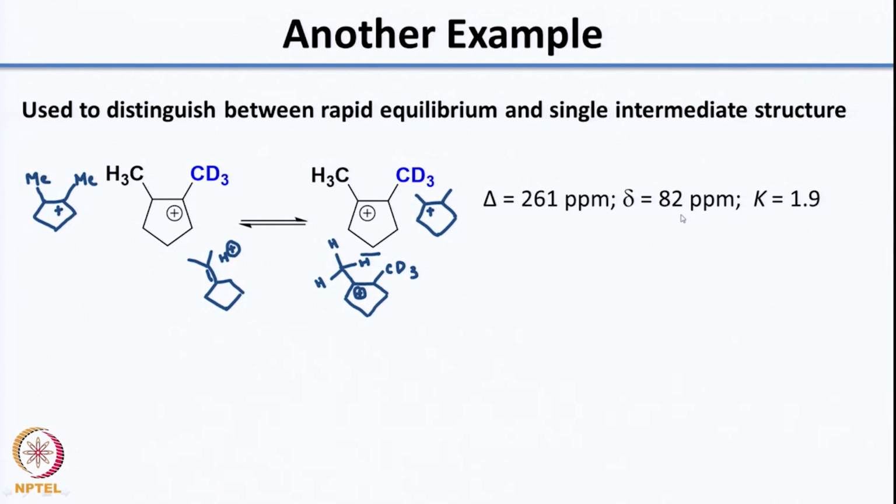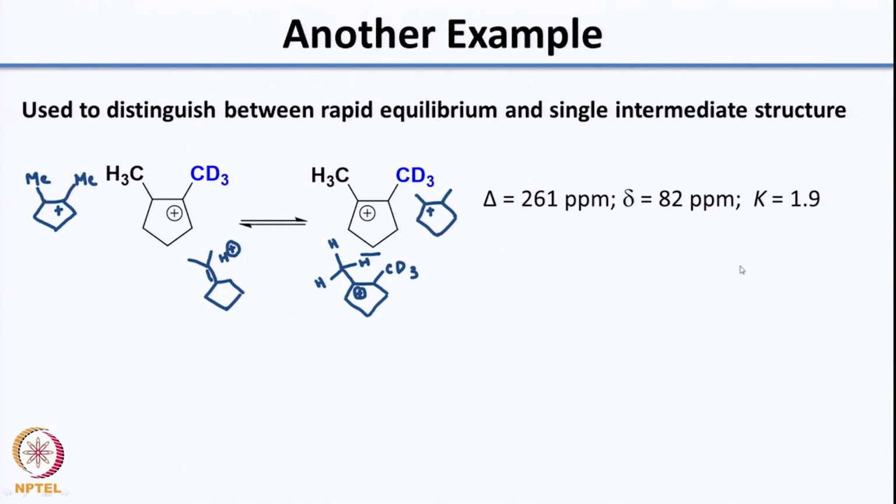Remember, in the earlier case it was 0.185, because the big delta value was also very small, 9.03. But in this case the big delta value is very high, so the small delta value is also pretty significant. So the perturbation of equilibrium in this case is 1.9, which is much larger than what we had seen in the case of the ring flip for cyclohexane.